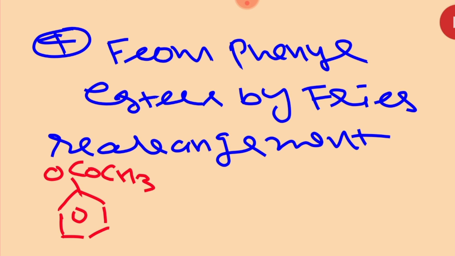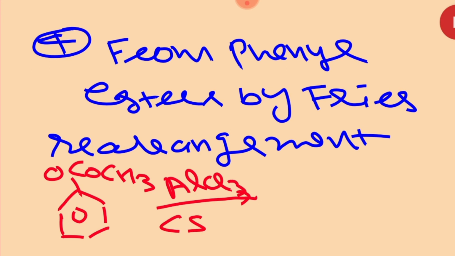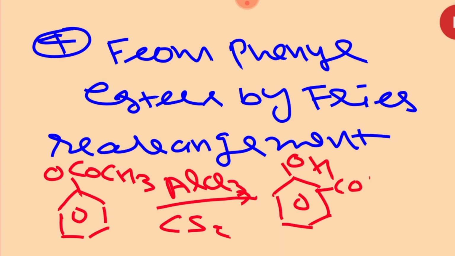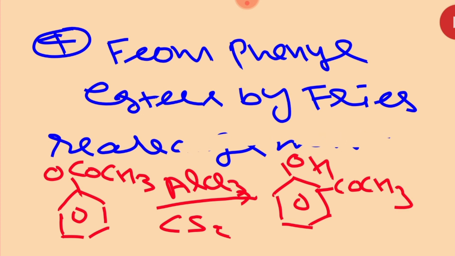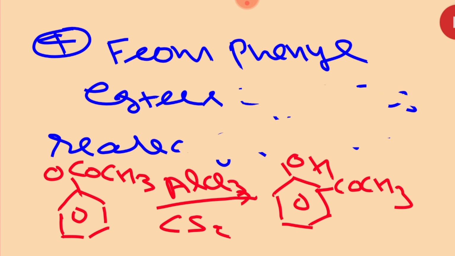OCOCH3, suppose I am writing, in the presence of AlCl3, CS2. Simply we have to rearrange. Then here is the OH and there is COCH3. It can be at the ortho or it can be at the para.